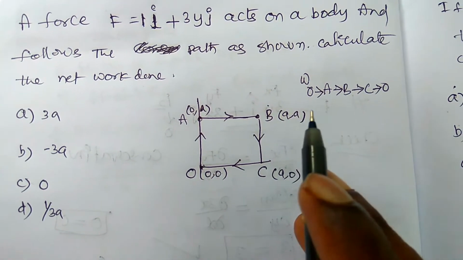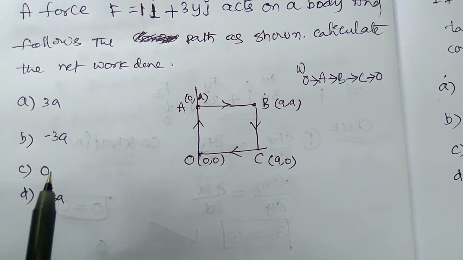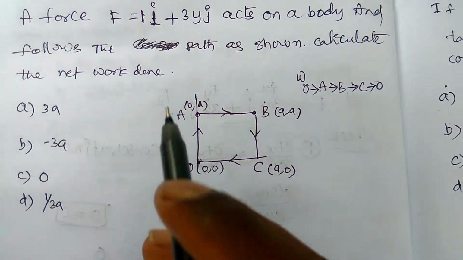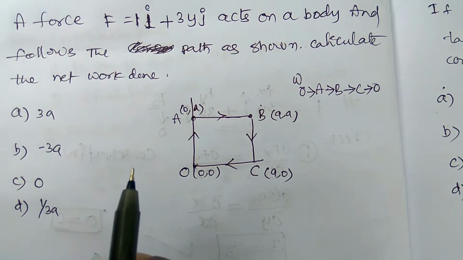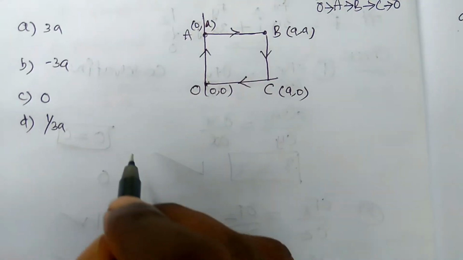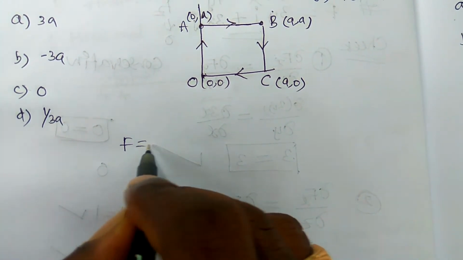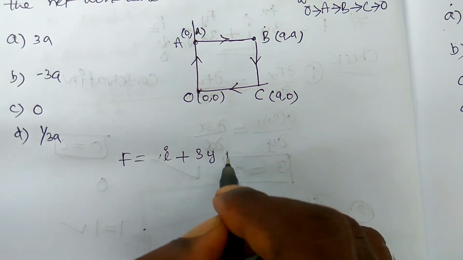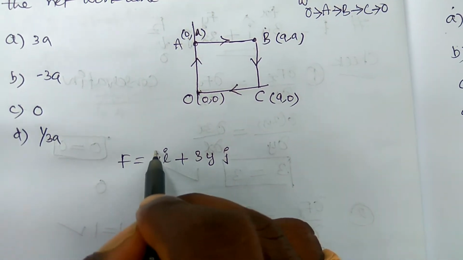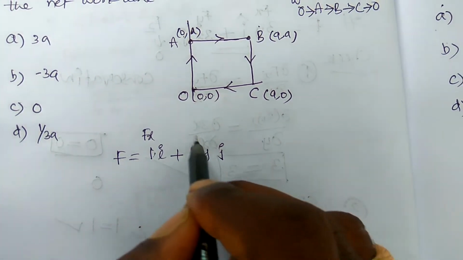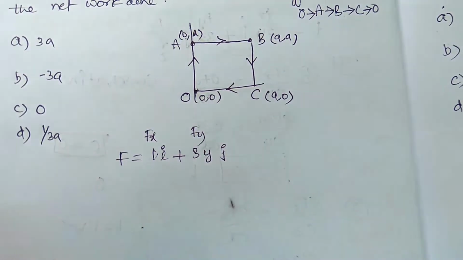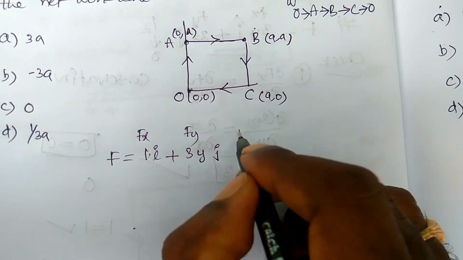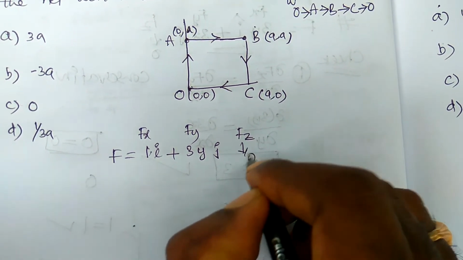So whether it is 3a or minus 3a, 0 or 1/3a, we have to check it. At first we have to check whether it is conservative or non-conservative. So what was given? F is equal to i plus 3yj. Okay. Here Fx is equal to 1 and Fy is equal to 3y, and there is no Fz, it is equal to 0.